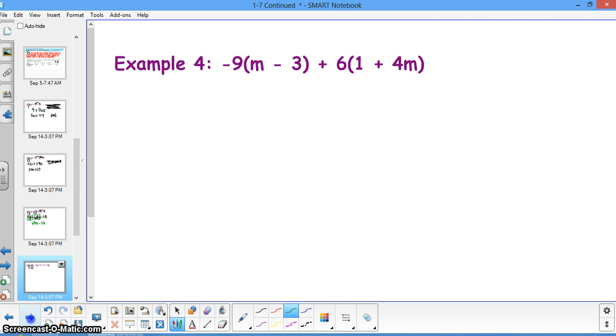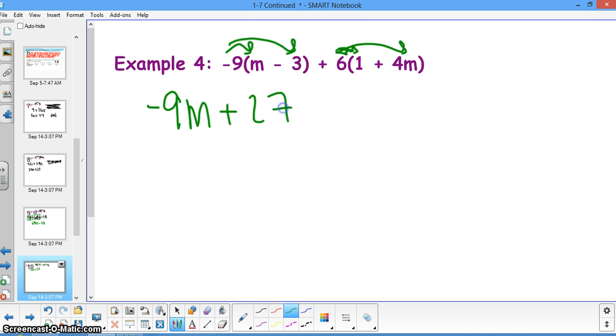Take a moment and try this last one. Just again, continuing to increase the level of this problem. All right, so in this problem, you have two different situations that you have to distribute. So negative 9 times m is negative 9m. Negative 9 times negative 3 is positive 27. And then now you're distributing the 6. 6 times 1 is 6. 6 times 4m is 24m.